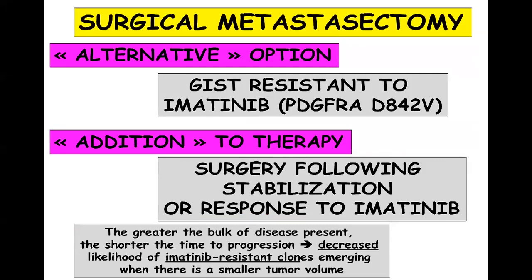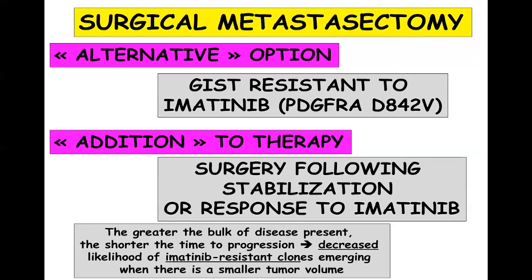Surgical metastasectomy could be an alternative option, especially in GIST resistant to imatinib, such as PDGFR alpha D842V, or could be an addition to therapy in the case of surgery following stabilization or response to imatinib.